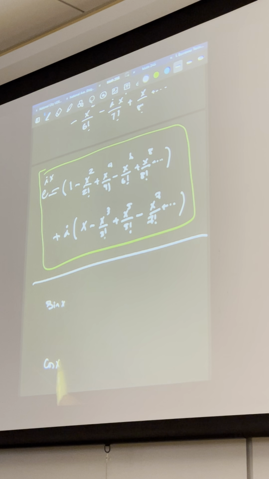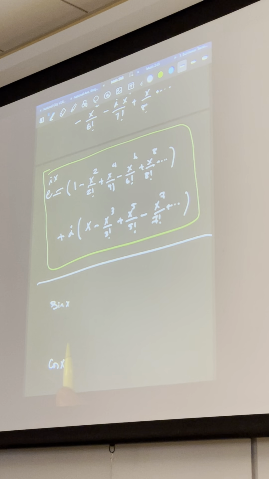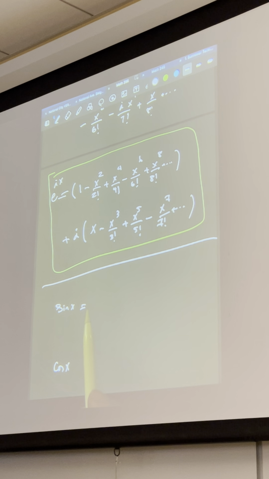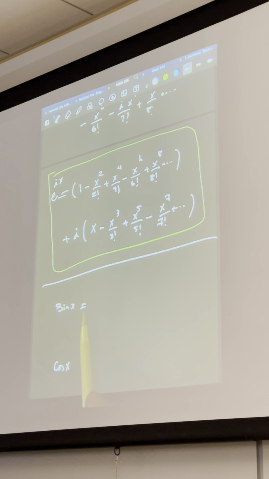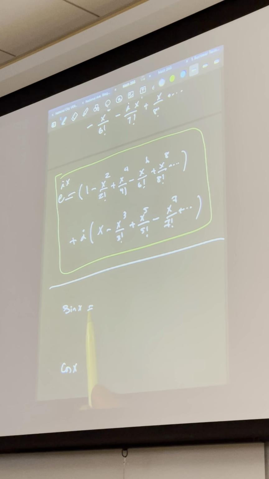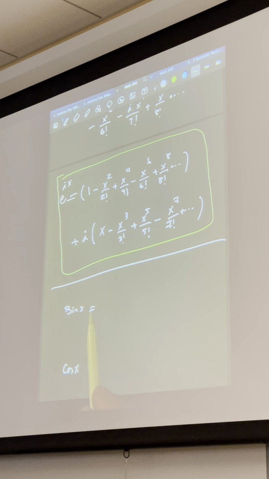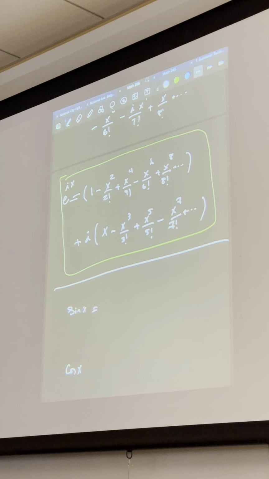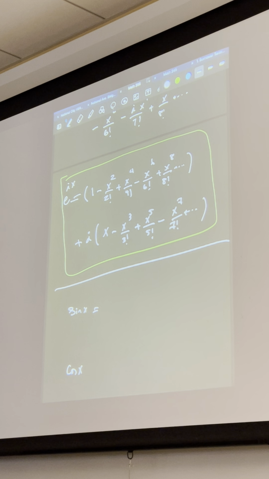Just try it out. All you have to do is put in 0, so sine at 0 is what? 0. So the first term for sine is gone. When you take the derivative of sine, what do you get? Cosine. What is the cosine at 0? 1. So the second term is 1 times x. Again, what is the derivative of cosine now?